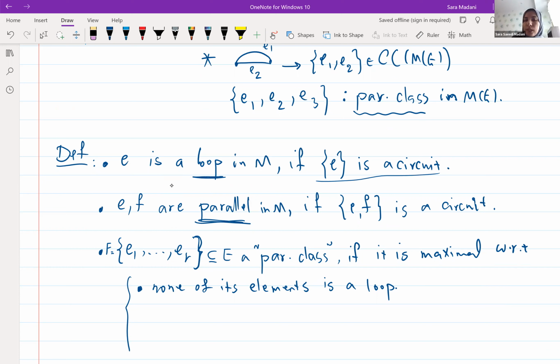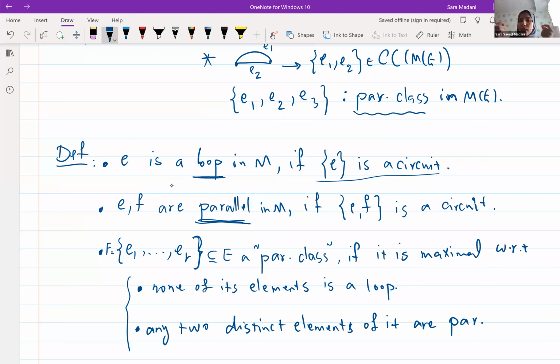And second, any two distinct elements of it are parallel.